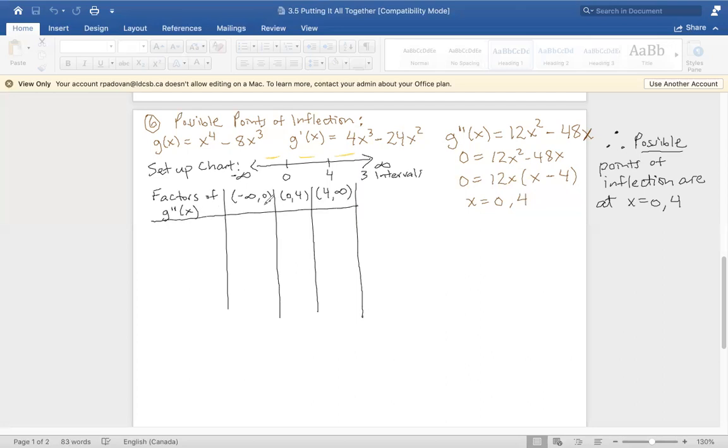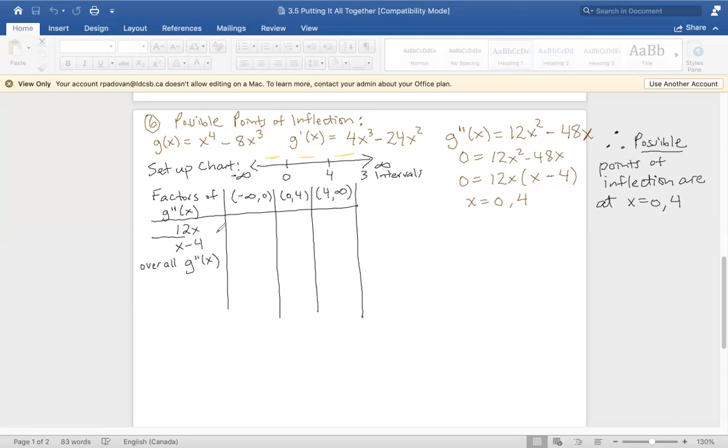So my factors of g double prime are right here: 12x, 2 and x minus 4. And then I have my overall result, looking at multiplying the factors of the second derivative.